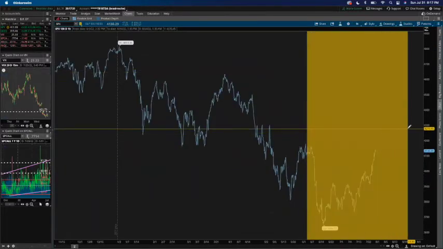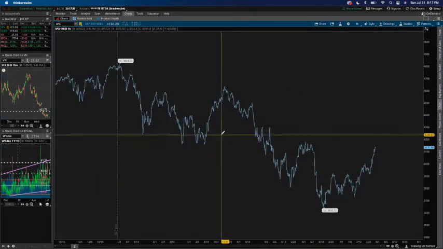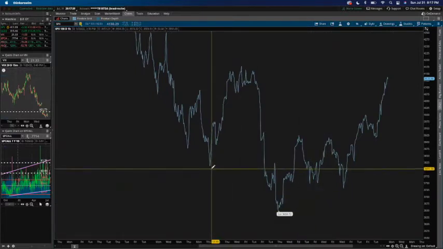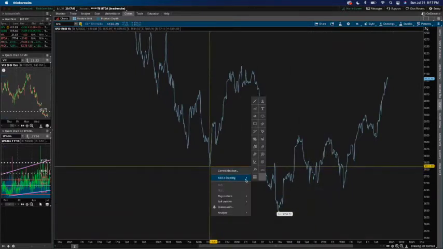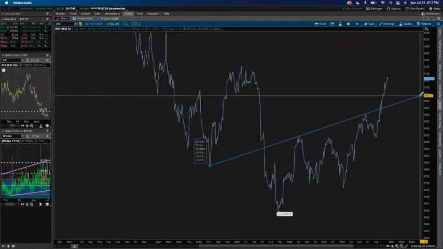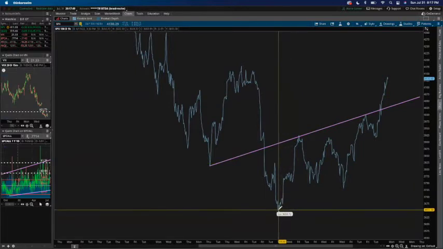Trend lines are easier to see on a line chart. I'm telling you guys, it makes your life so much easier if you just use a line chart when you're charting and then use your entries on the candlestick chart. It makes it much easier to see what's going on, right?